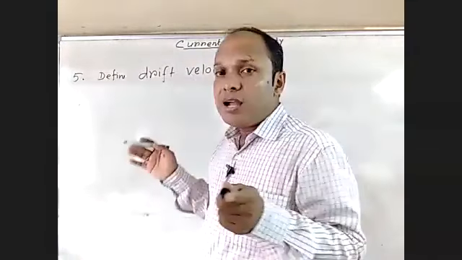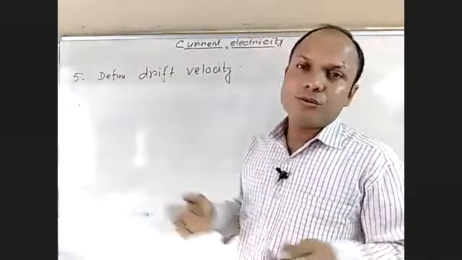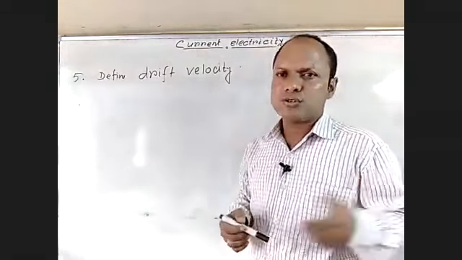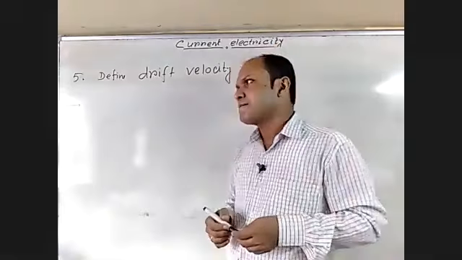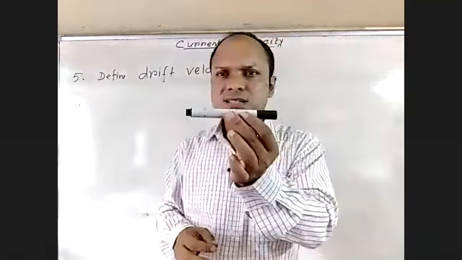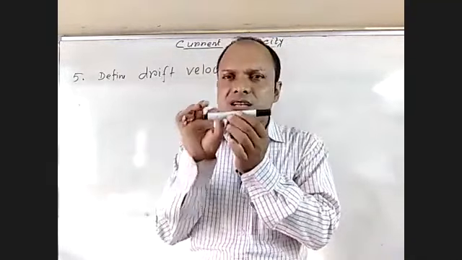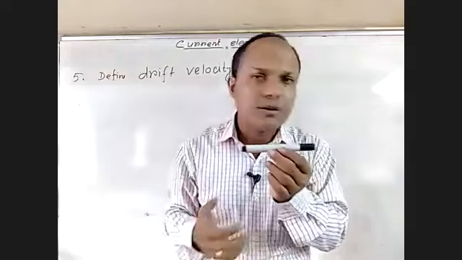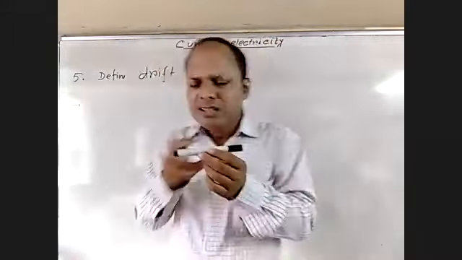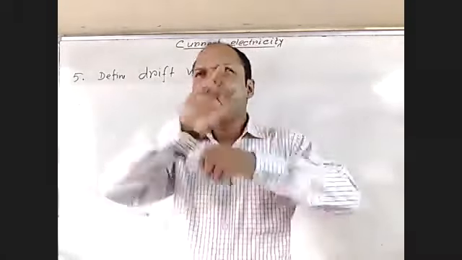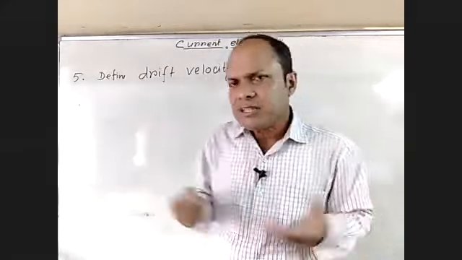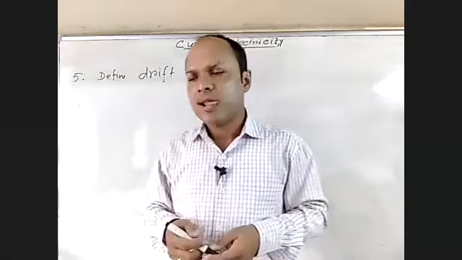Now, if you have a conductor, you know in a conductor there is an enormous number of electrons and ions. These are randomly in motion. A conductor looks very simple, but it consists of trillions of electrons and ions. They are randomly in motion in every direction at room temperature.